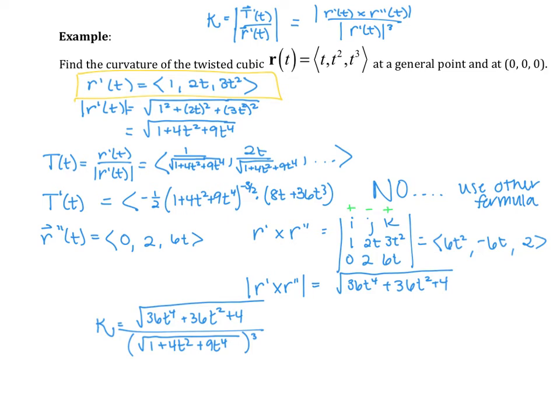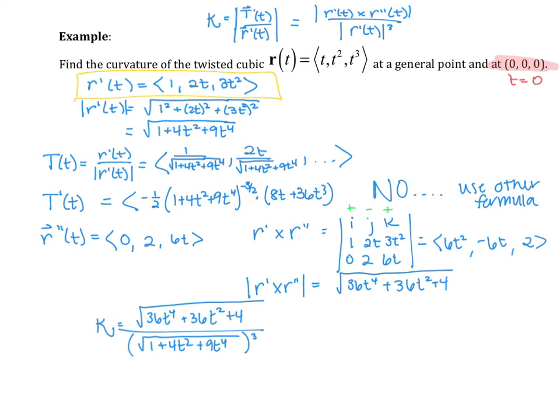Now, this is great. So this is my curvature, but the part that we haven't dealt with just yet, the part that's going to make it a little bit easier, is that it says at the point 0, 0, 0. Well, the problem is that's x, y, and z. I don't have an x, y, and z in this curvature problem, but I do have a t. Can I figure out my t value based on the point? Yeah, we know that the t value here would have to be 0 based on the curve that was given.